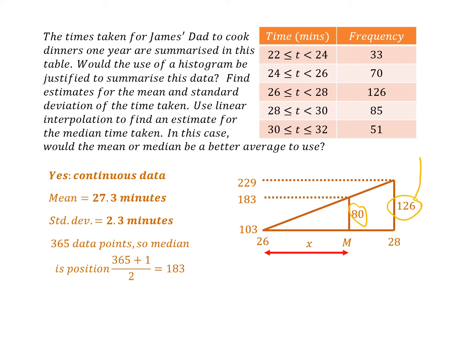This 126 incidentally is the same as that number there. So now I've got two triangles which are similar, so I can use similar triangle rules to write down this little equation here, and when I solve that equation I find the value of X is 1.27.